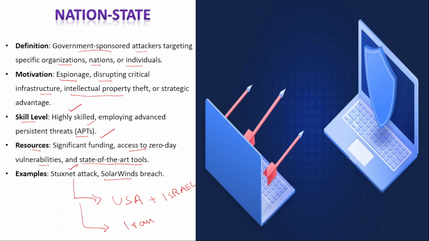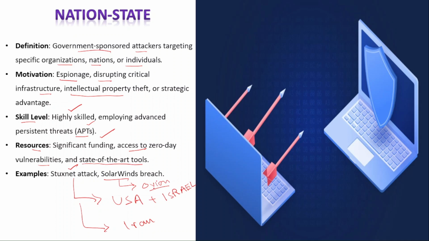The second one is SolarWinds. This was a Russian operation, and it targeted SolarWinds, which is an IT company that manages and operates network and system monitoring systems. They basically targeted their product Orion, which is used by organizations to monitor and manage their IT infrastructure.